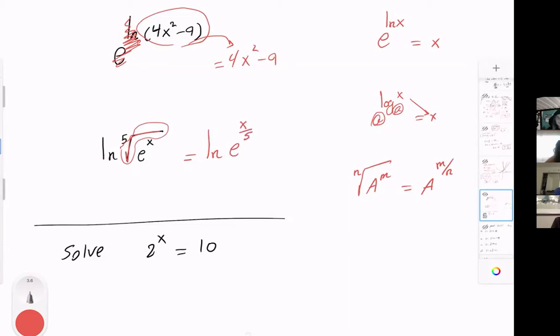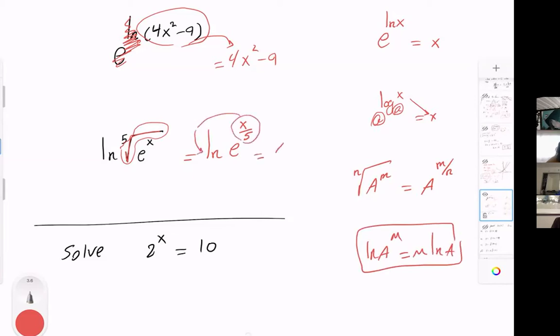Now we don't have a radical. One property of natural log: ln of a to the power m is m ln of a. The exponent goes in front of ln. So it's x over 5 ln of e. ln of e is 1. So the answer is x over 5.